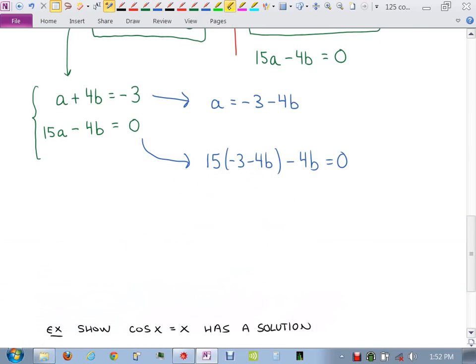Does everyone see? All I did was I took the a here, replaced it right there. Now, that equation only has one variable in it, doesn't it? So I get, what, -45 minus, what's that, 60b minus 4b equals 0.